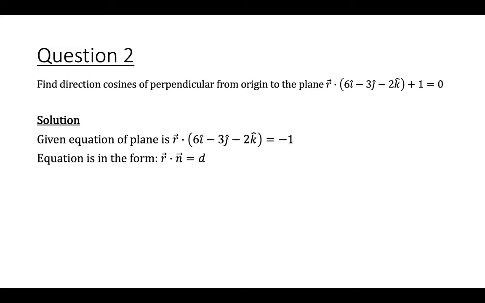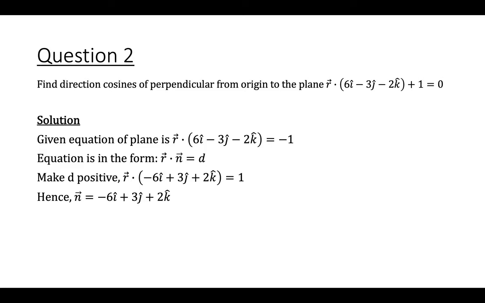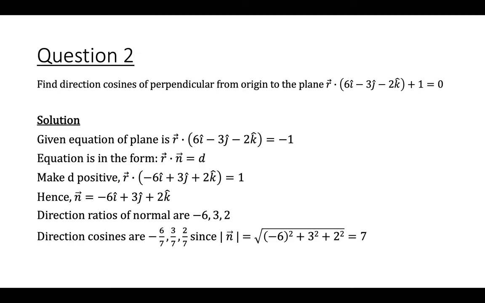Making d positive, vector r dot (minus 6i plus 3j plus 2k) equal to 1. So vector n equals minus 6i plus 3j plus 2k, and the direction ratios of the normal are minus 6, 3, 2, and we know direction cosines are obtained by dividing the direction ratios by the magnitude of vector n, and these are minus 6 by 7, 3 by 7 and 2 by 7.